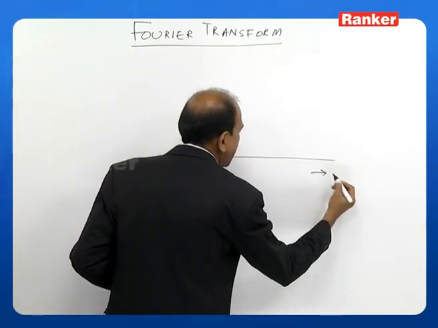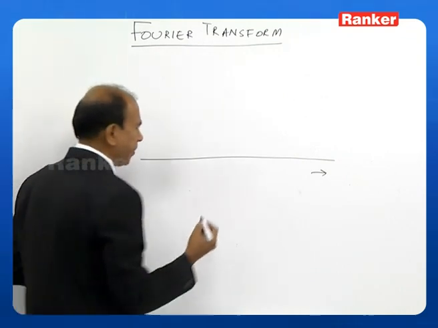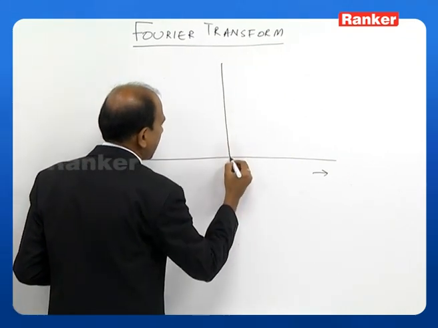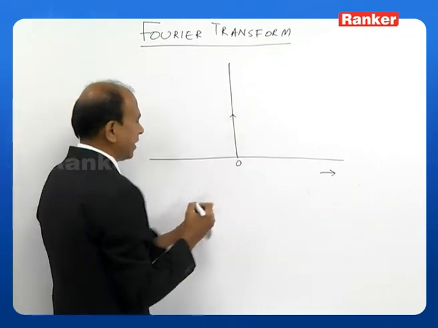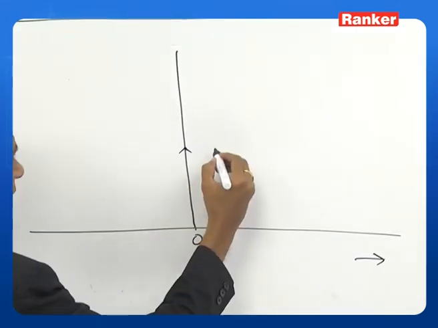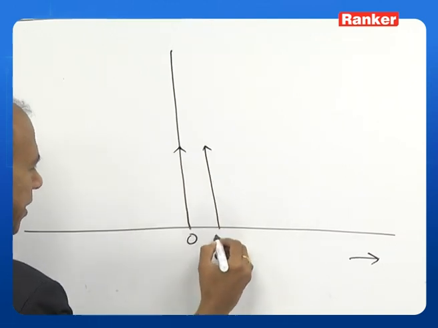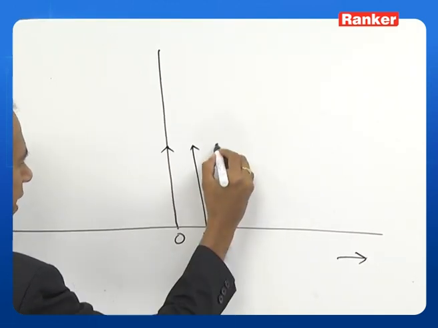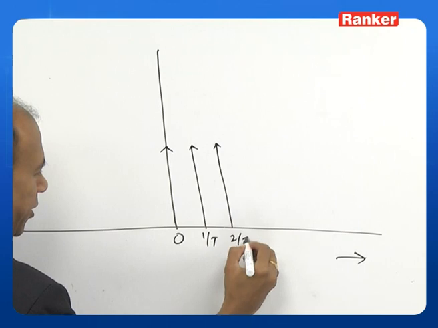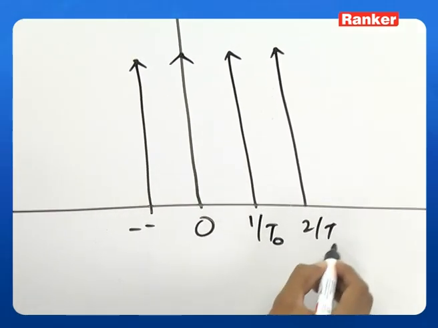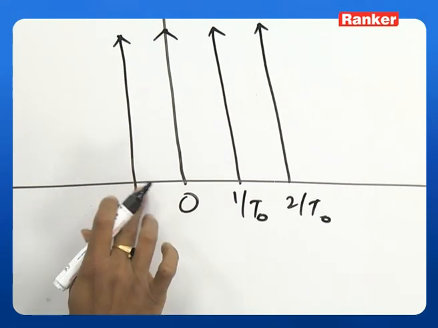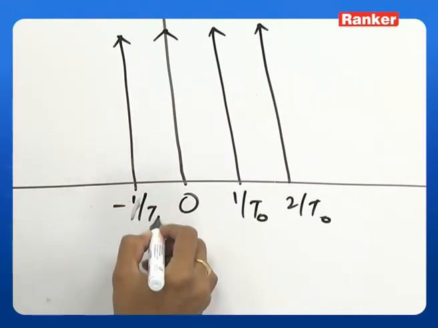Okay, now this is the Fourier transform, F domain, and this is the origin. Okay. So, there is a delta function which is occurring at origin. There is again a delta function which is occurring at 1 by T naught. There is again a delta function which is occurring at 2 by T naught. Similarly, there is a delta function which is existing at minus 1 by T naught.